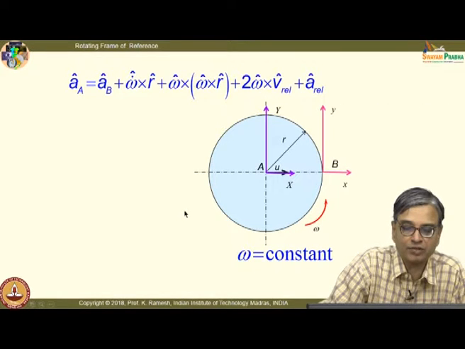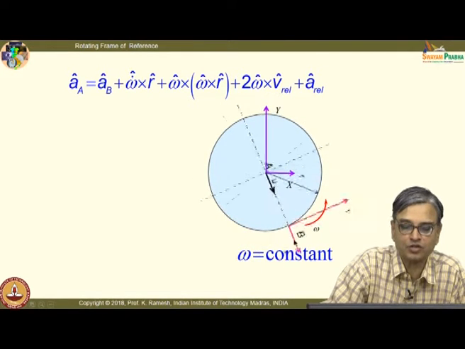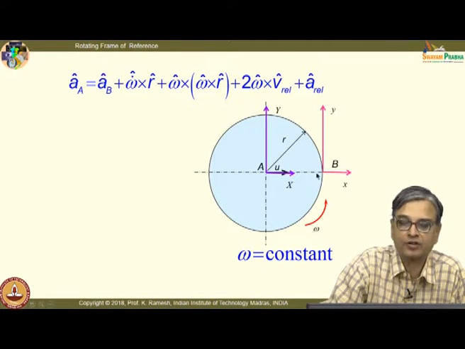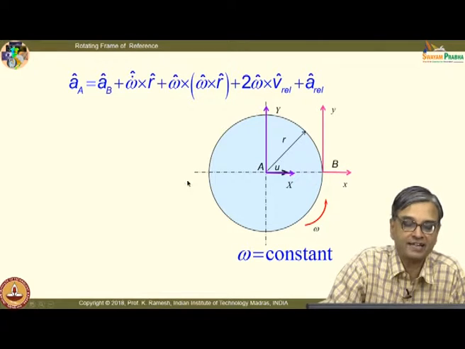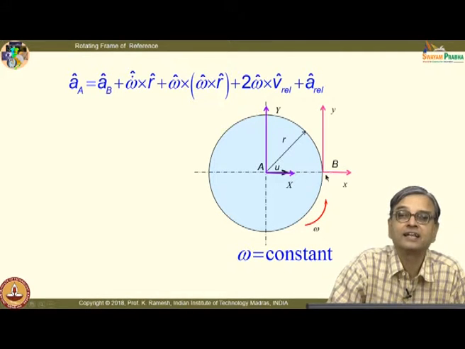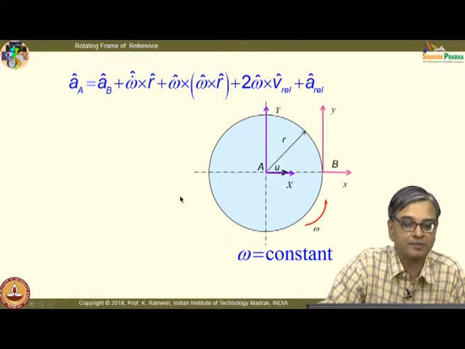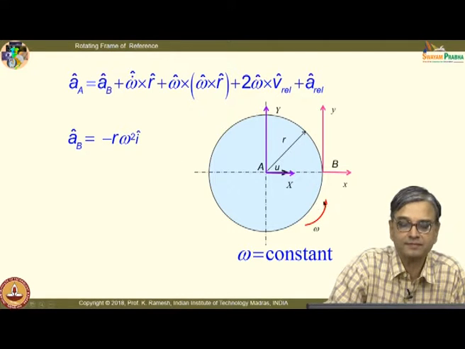So, what all things do I know? I have this as a rotating platform, just to show that this rotating frame of reference rotates like this, and I can find out the coordinate acceleration for me to fill up all this. We have already noted some of the terms are 0, and you can easily write A_B as minus r omega squared i, because this is rotating, very simple and straightforward.